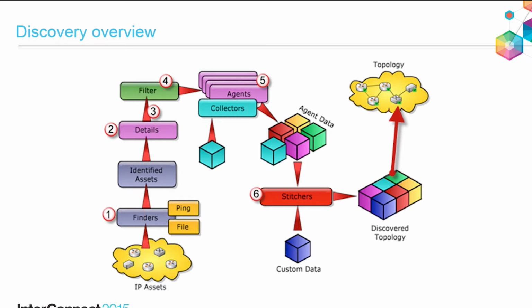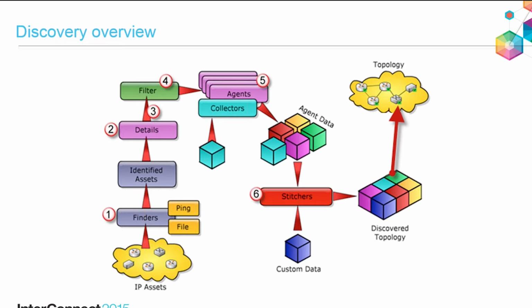At that point, each agent has its own filter on what it is responsible for. So it takes the information from the details table after the filter and goes out and does the SNMP queries that it needs to do to find its information.